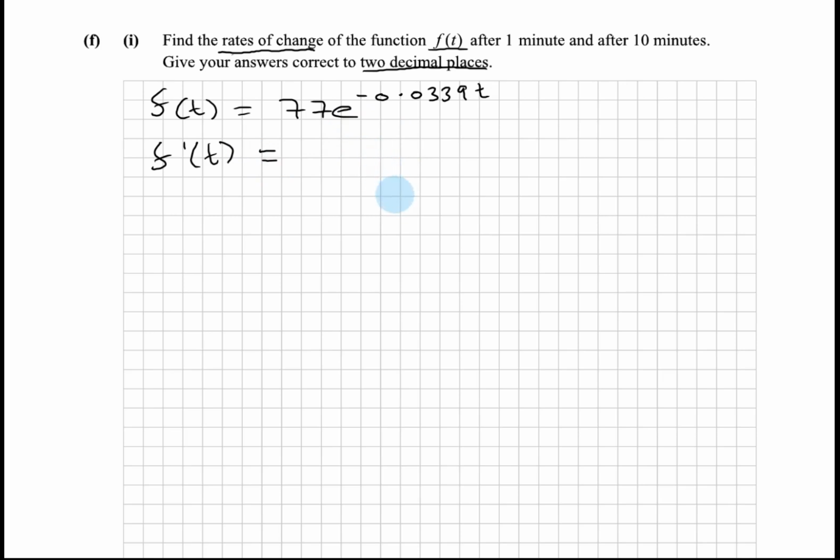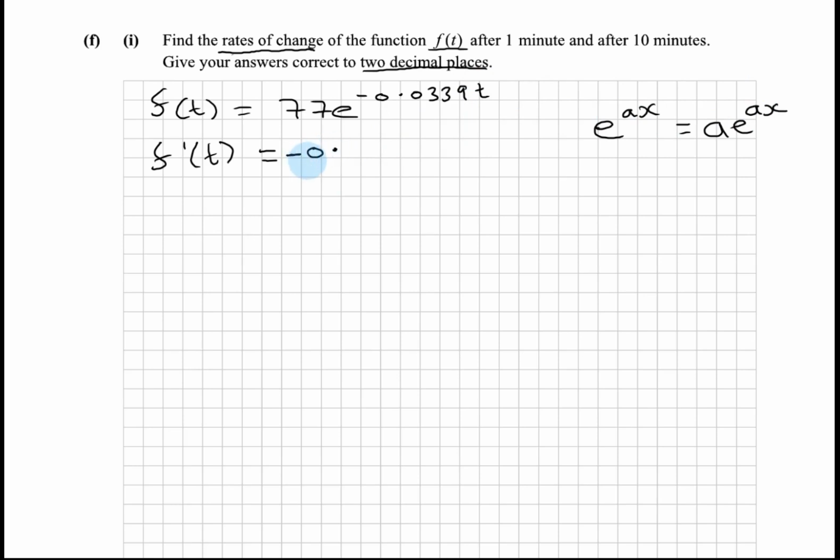And we can see on page 25 of the log tables that whenever we have e to the power of ax and we differentiate it, it becomes a e to the ax. So what's happening is whatever the constant is, or the coefficient of the t, now in this case it's x, but obviously we're dealing with t, goes down the front.